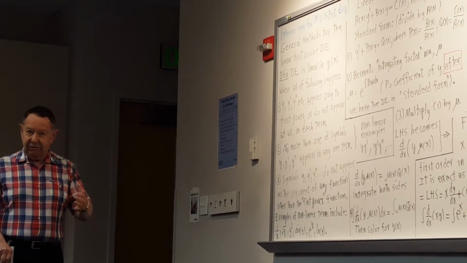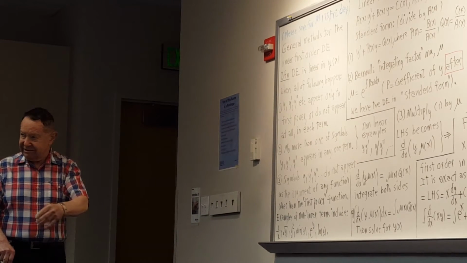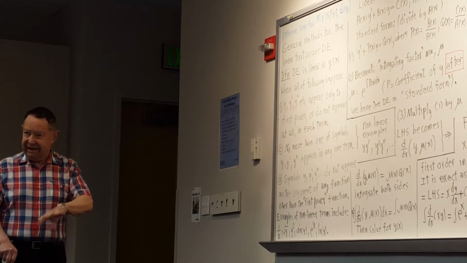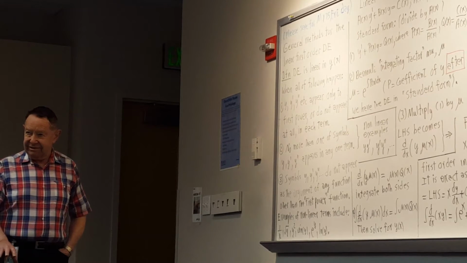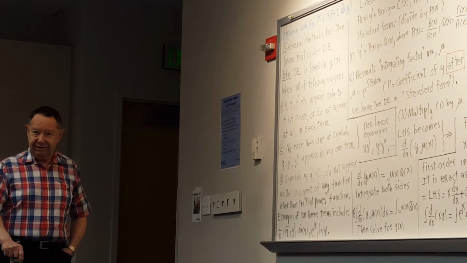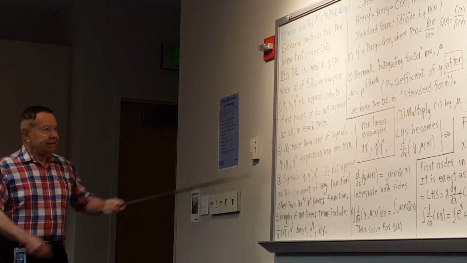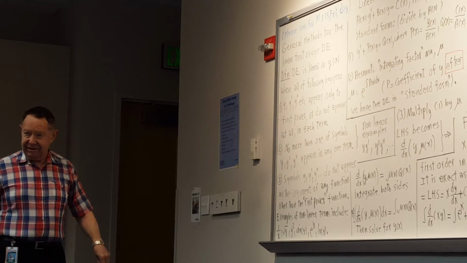If you had 1 over y, that's not linear because that's y to the minus 1 power. If you had square root, that's y to the half power. So anything like that makes it a nonlinear differential equation. The method that we're getting at here applies only if it's linear and first order.